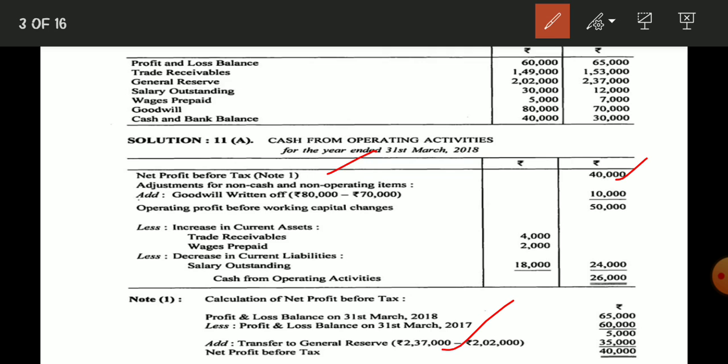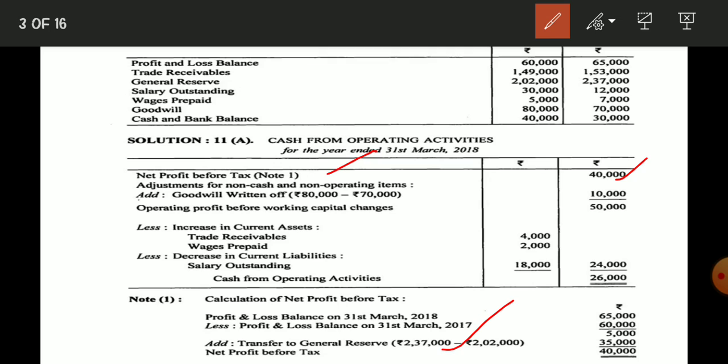Adjustment for non-cash and operating items. Non-cash items are those items, those expenses which are deducted from the net profit, but actually these transactions do not involve any cash outflow, so they will be added back.